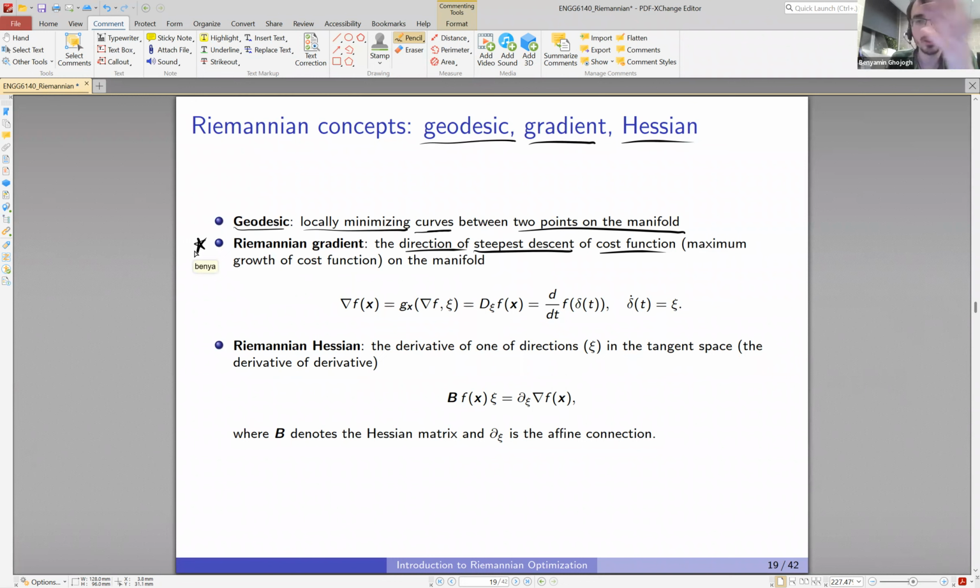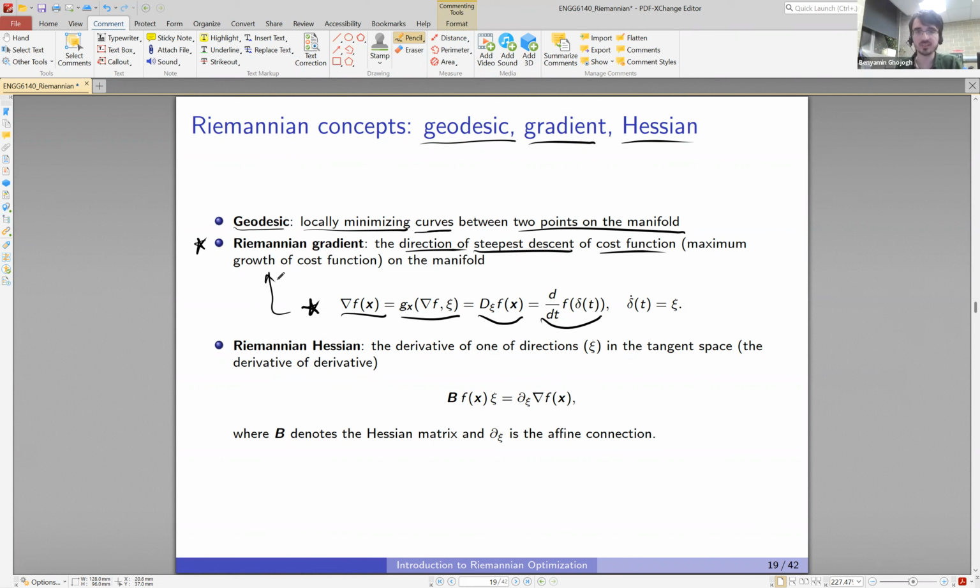It was the direction of maximum growth of the cost function, the direction of derivative, right? Now Riemannian gradient is the direction of maximum growth of cost function on the manifold, rather than in the Euclidean space. So gradient is denoted by this; you can write it as these two or this.